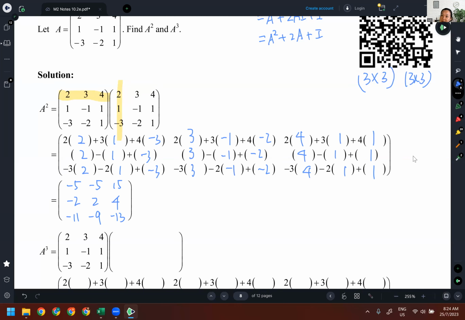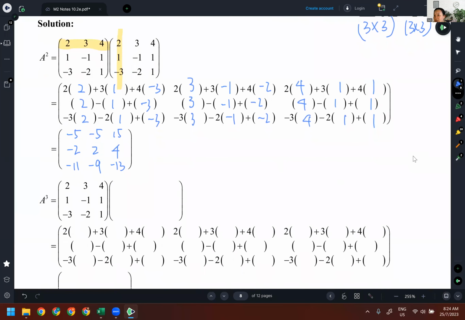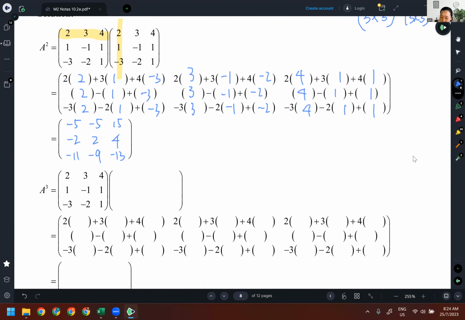Now afterwards, I'll use A squared to calculate A cubed. And there is no better way to do it. You have to do it one by one. You cannot do cubic directly. You must do square and then cubic. So the outcome, I'll just write it down.